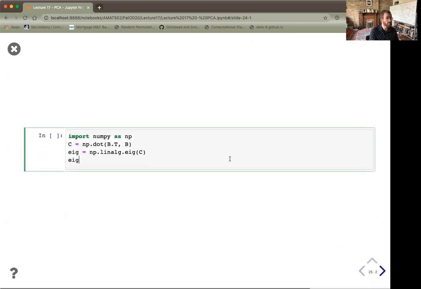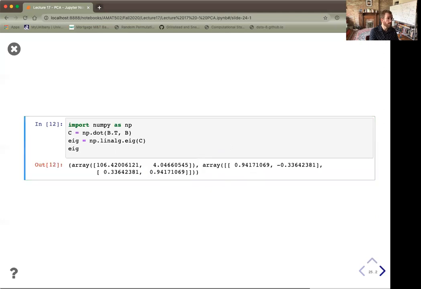Just as a quick reminder, I did my mice data, and I subtracted the mean to get B. Now I'm going to look at B transpose times B. I had 2 genes, so if I do this B transpose times B, I get a 2 by 2 matrix, and so I have at most 2 eigenvalues, and these are my 2 associated eigenvectors.